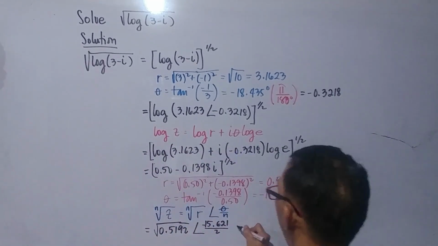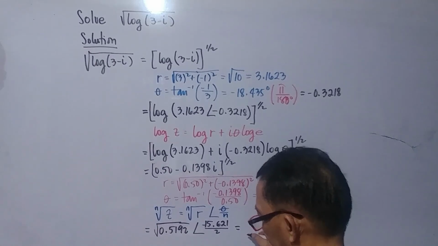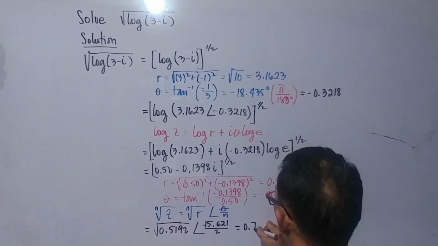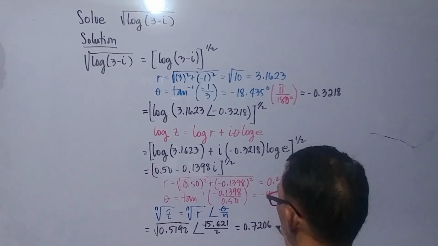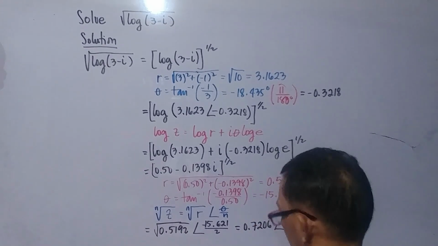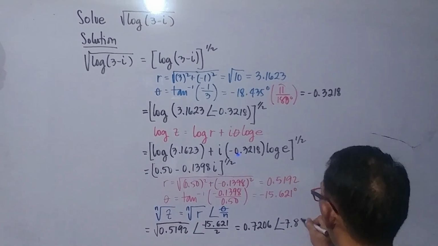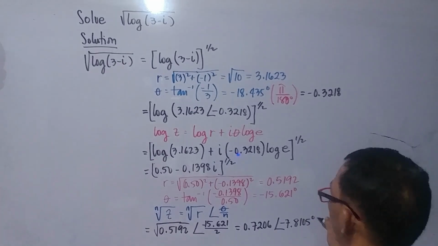So we have now 0.7206 angle negative 7.8105 degrees.